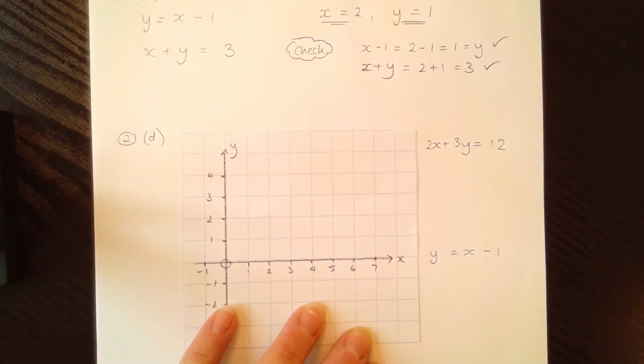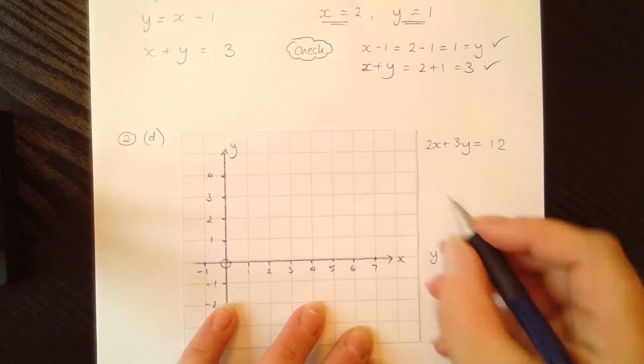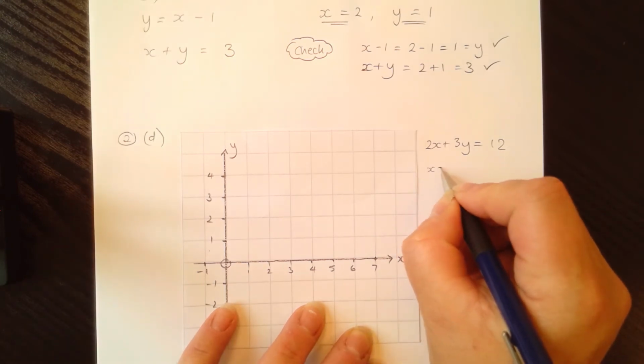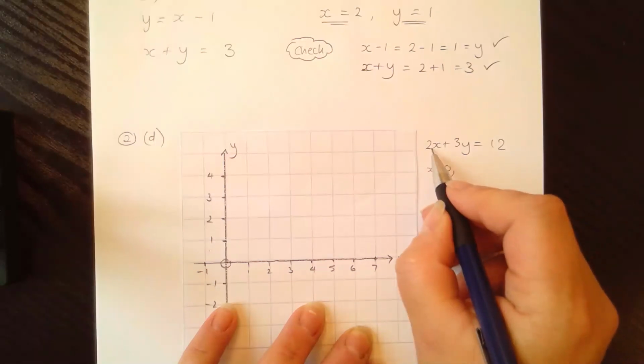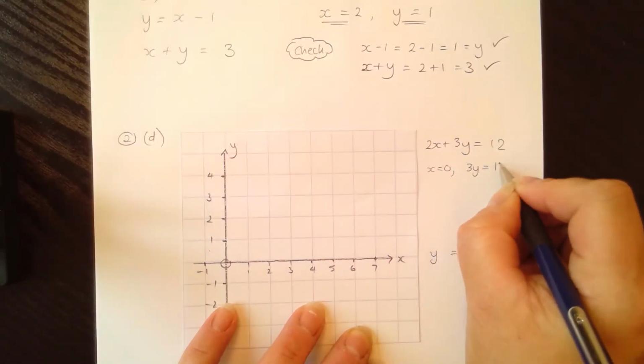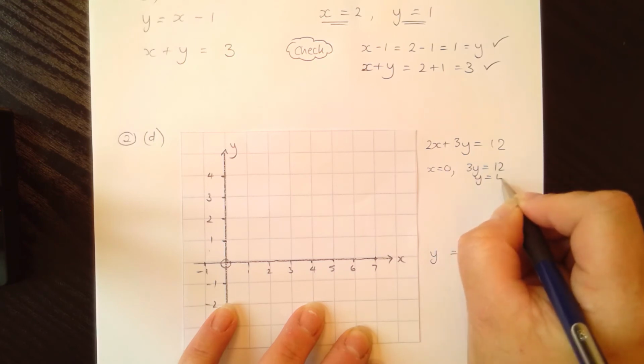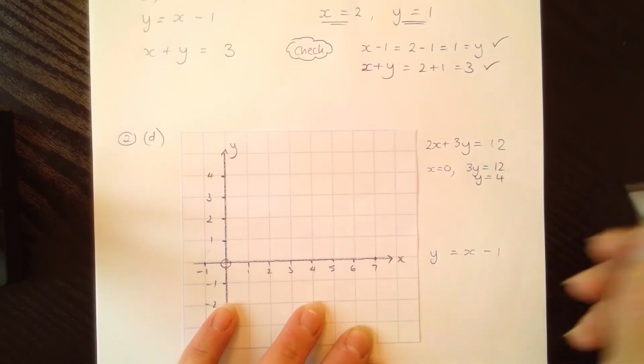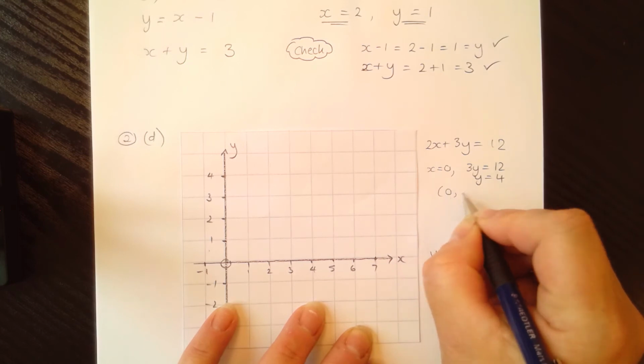So using that method of working out where they cross the x and y axes, x is equal to 0 in this one, then 3y equals 12, y would be equal to 4. So I have the point 0, 4.